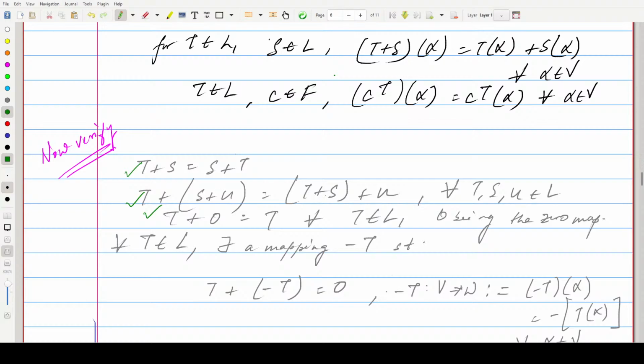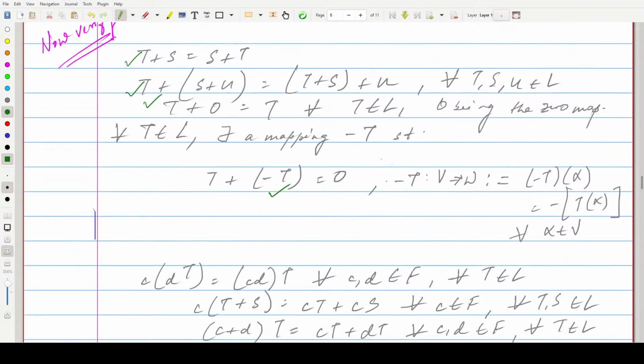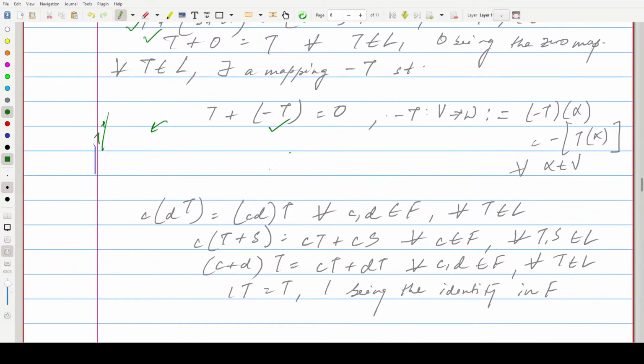And since we have the identity element, we need to find an inverse map. And what is the inverse map? Minus T of alpha is defined by minus of T alpha, and not necessarily T inverse. That's not what we're dealing with.